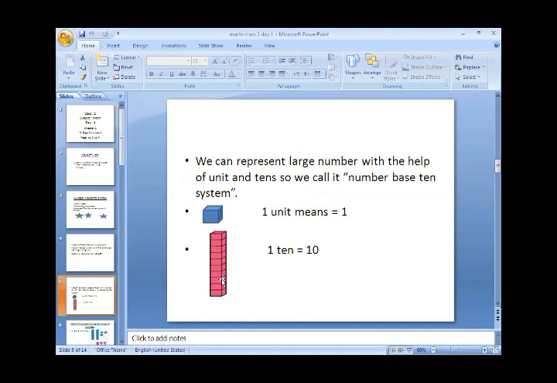Here you can also see there is one group of 10 blocks, and this group of 10 blocks is called 1 ten and this 1 ten means 10. We call it 10 because this group is made of 10 blocks. So a small block shows a unit and a group of 10 blocks shows a ten.